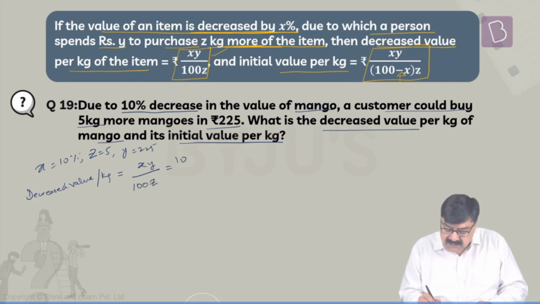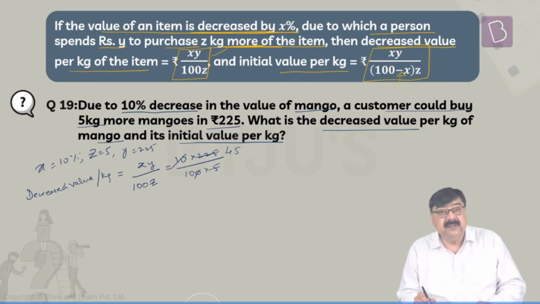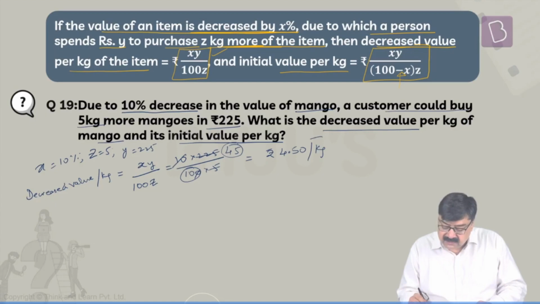That shall be 10 into 225 by 100 into 5. So zeros cancel here. 225 goes by 5 as 5 fours are 25, 5s are 25. So this is 45 by 10, which is rupees 4.50 per kg. 4 rupees 50 paisa per kg. This is the reduced price.